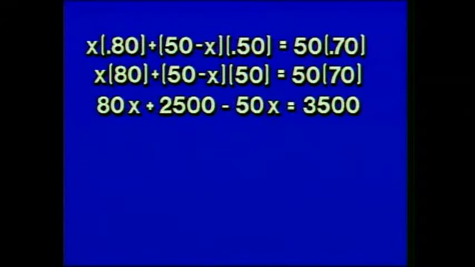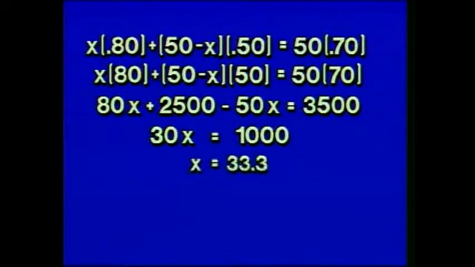Of course, we'll want to collect the x's on the left and throw our constants to the right. And when we do that simplification, we find that 30x is equal to 1000. Dividing on both sides by 30, we find x to be 33.3. Now remember that x represented the number of gallons of the 80% acid solution.